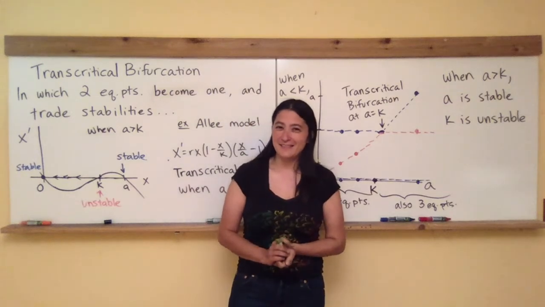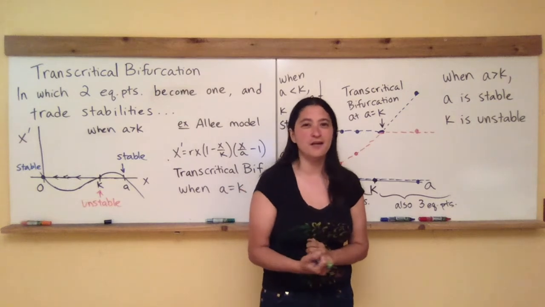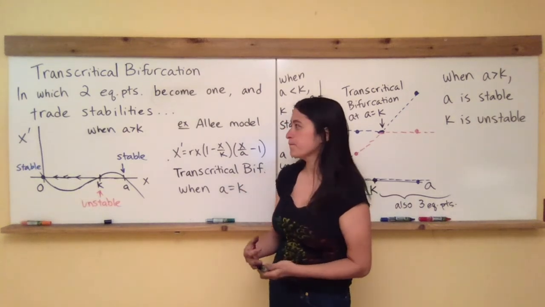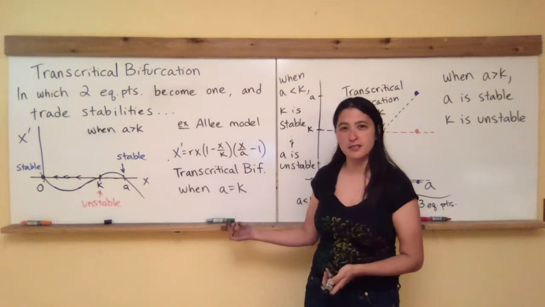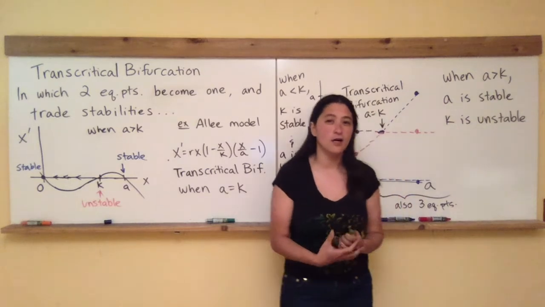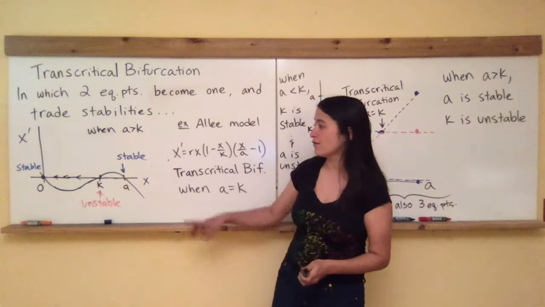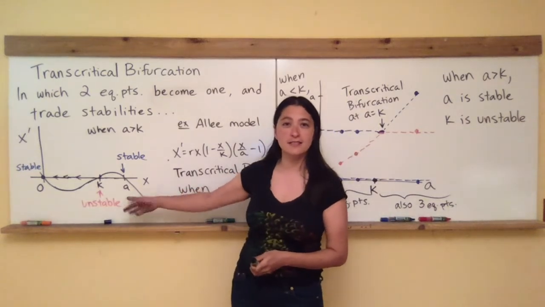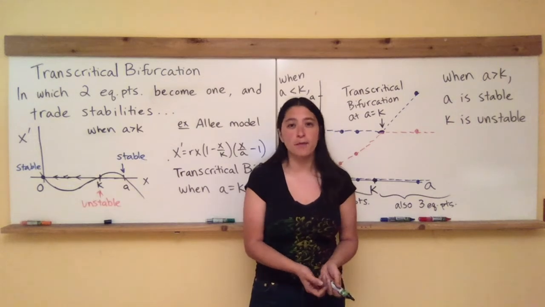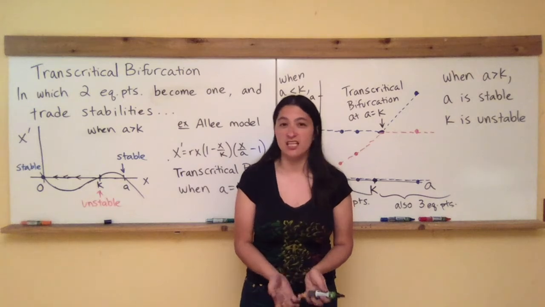As interesting as the transcritical bifurcation is mathematically, I will say that I am not super thrilled about going through this and trying to describe it in the context of the ecological model for the Allee effect, because when I was reading the ecology textbook, it describes the Allee effect and the Allee threshold A as the value of the population such that below that level, the population is so underpopulated that they have trouble staying alive.